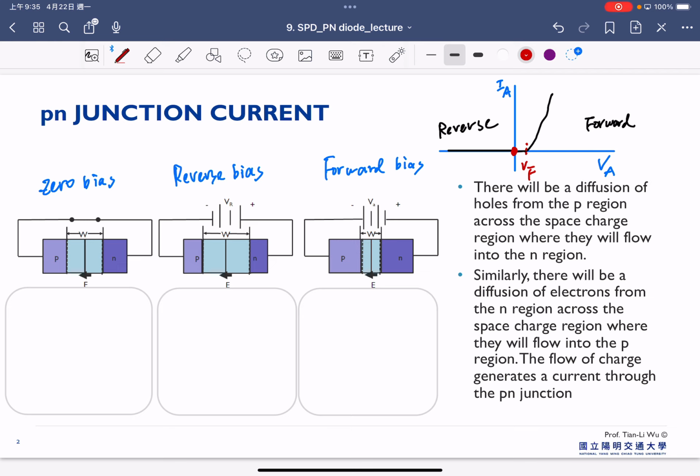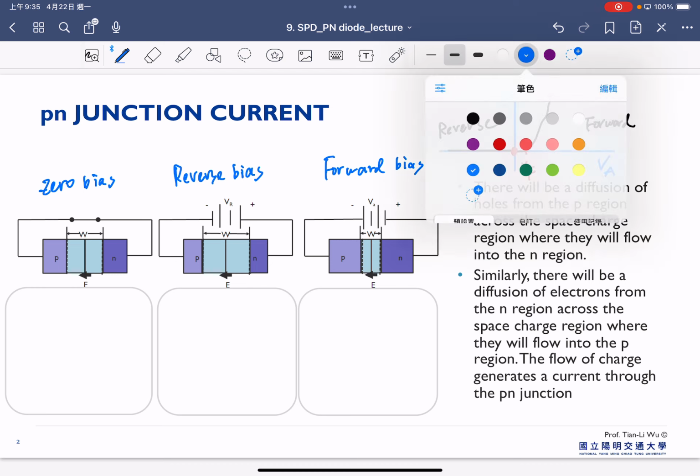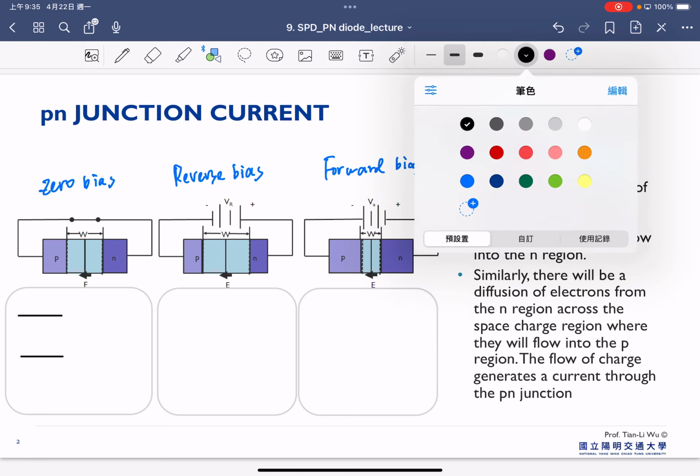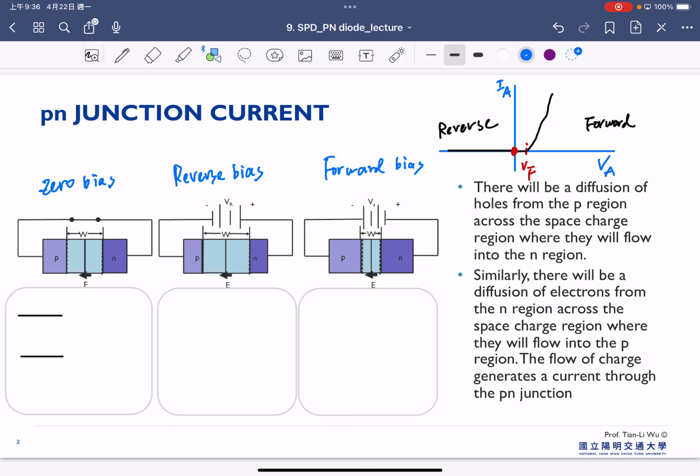We consider a PN junction with the P type on the left side and the N type on the right-hand side. In the P type, we all know the Fermi level will be close to the valence band, so we have a band diagram like this.